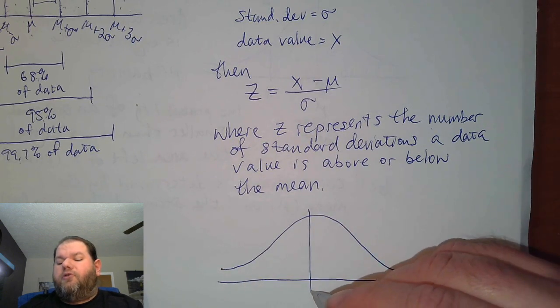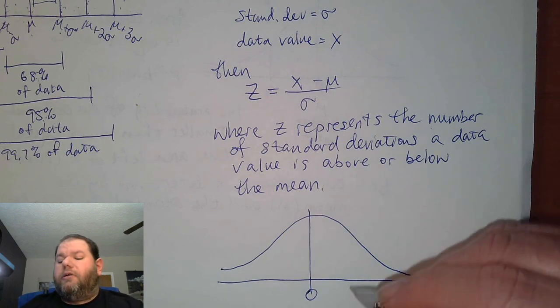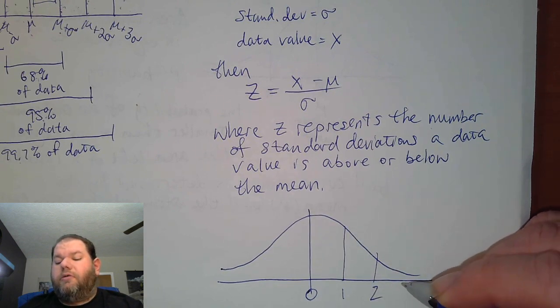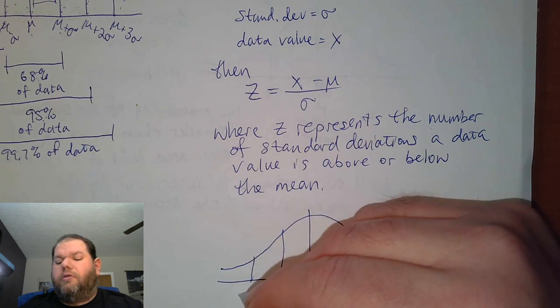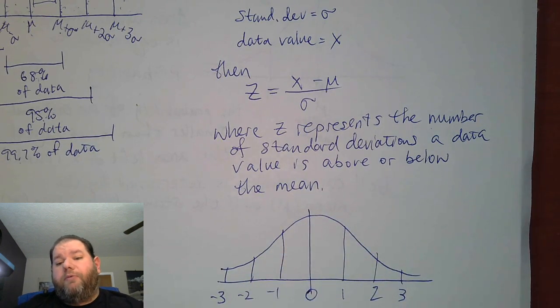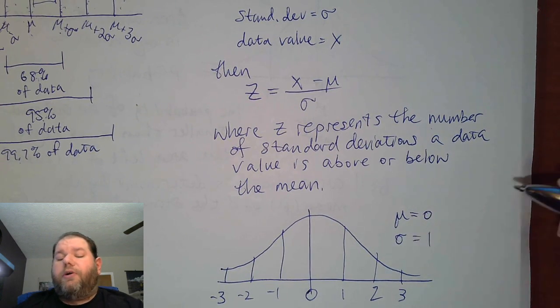In the standard normal distribution, the mean is normalized to 0, and the standard deviation is 1. So it's actually the same graph, but we've translated everything to where it's on a nice whole number scale, so we don't have to worry about the mean or the standard deviation. The mean is 0 and the standard deviation is 1, and it makes it a lot easier to work with overall.